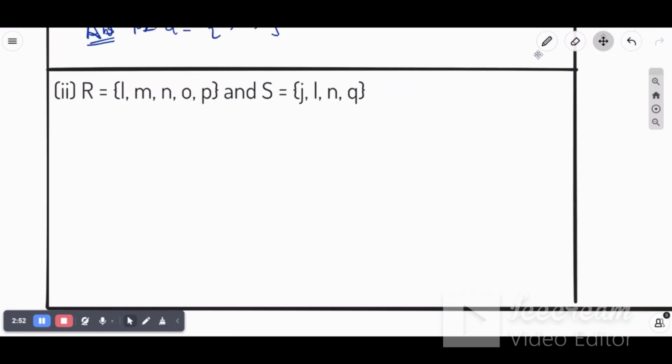In a similar way, we have just got different numbers here, which is the difference between the previous question and this question. Let's start the solution.